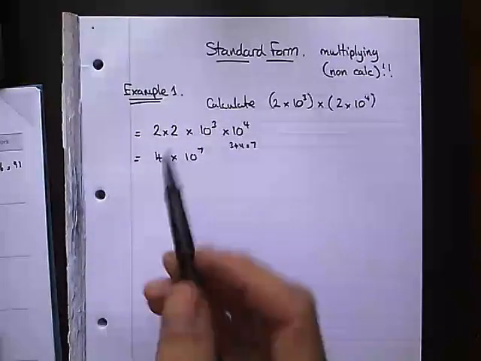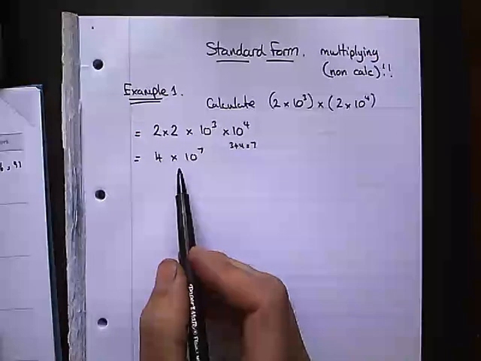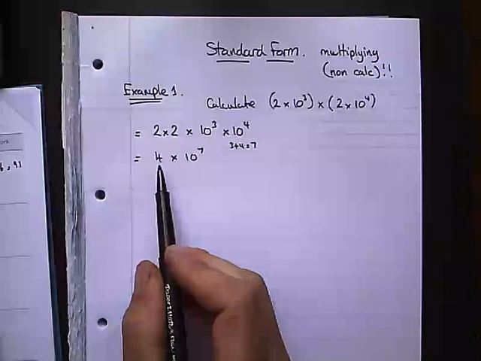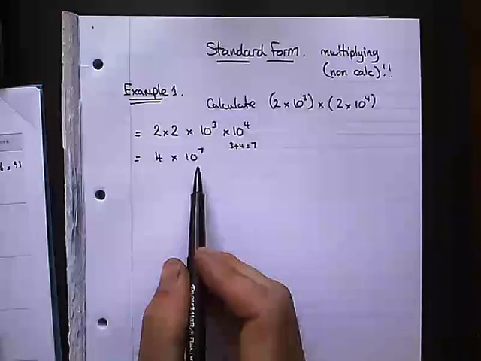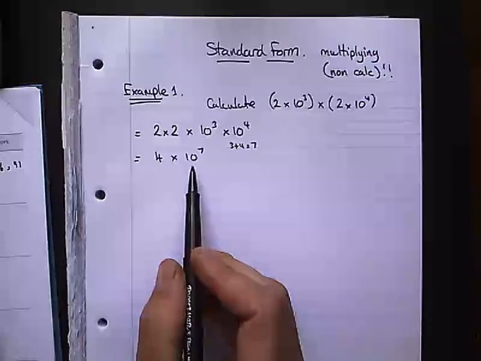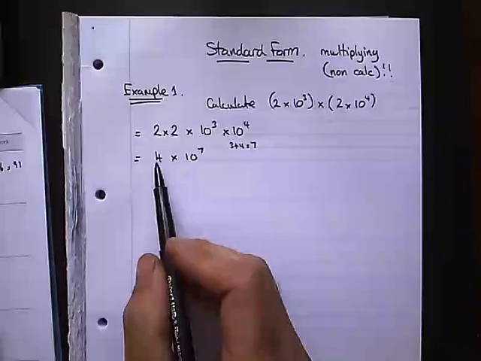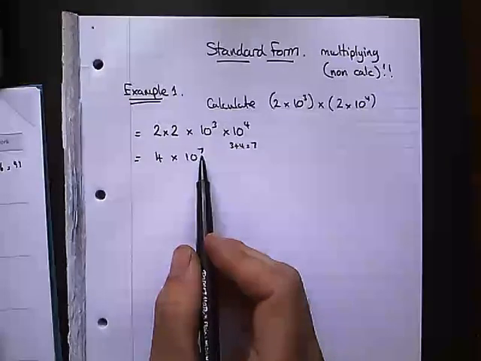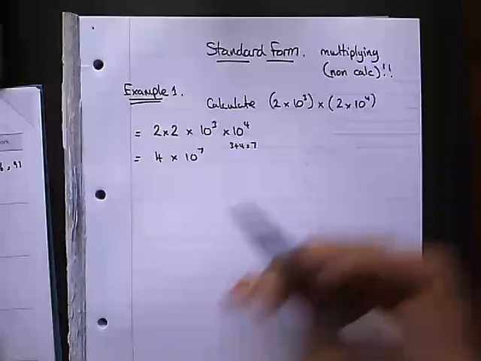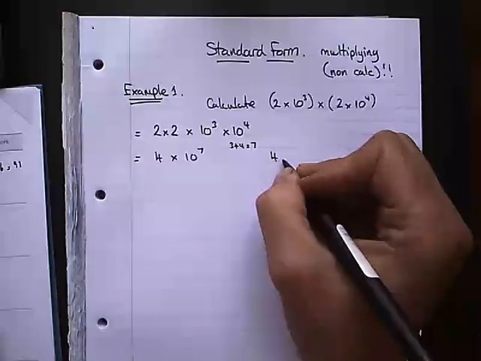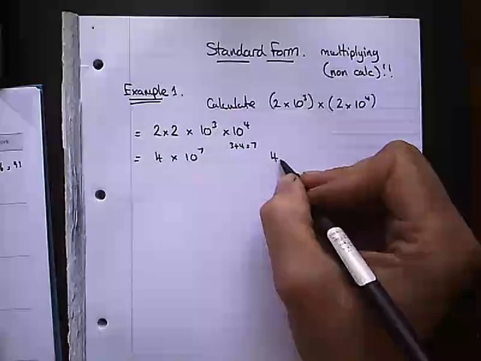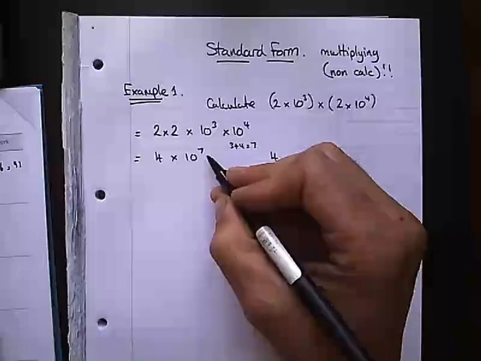Right, I can leave this in standard form. That's fine. This number is between 1 and 10, so that's fine, but sometimes they might ask us to write it as a normal number. So whenever it's a whole number, this just tells you how many times you need to move the decimal point. So it's 4, and then I need to move the decimal point 7 times, and it's going to make it bigger because it's a positive number.